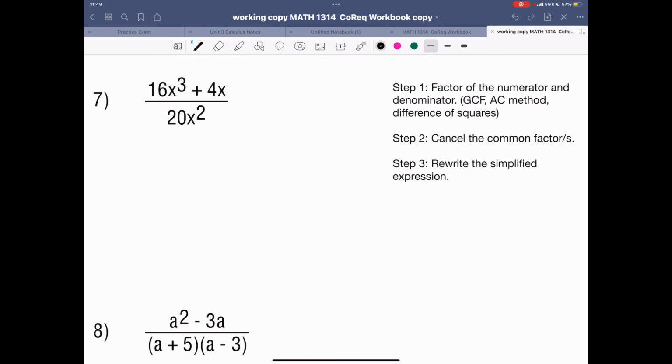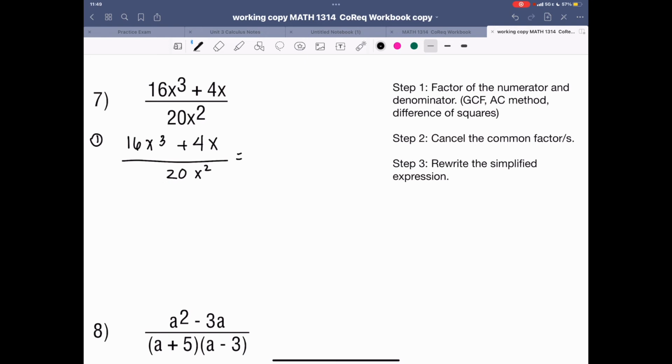In the numerator, that's where we're going to start. I'm going to factor out a 4x, and I'll show that to you in a second, of 16x to the third plus 4x over 20x squared.